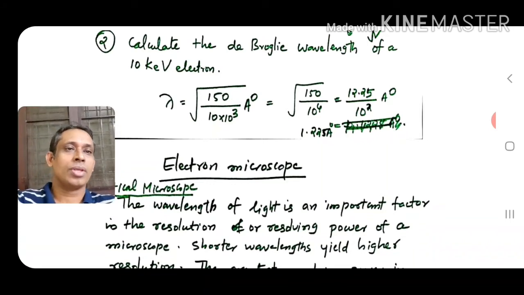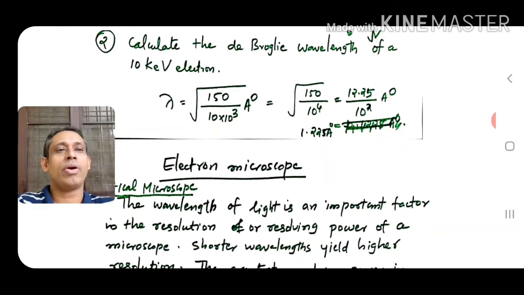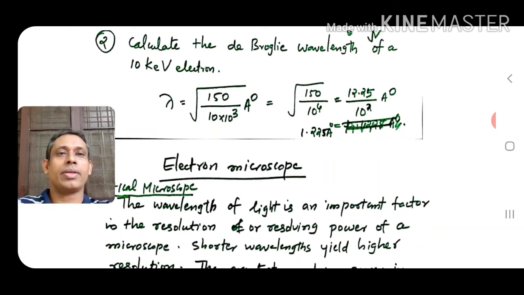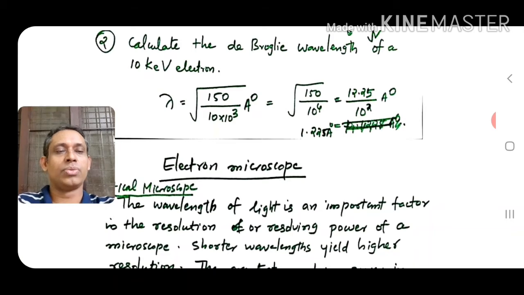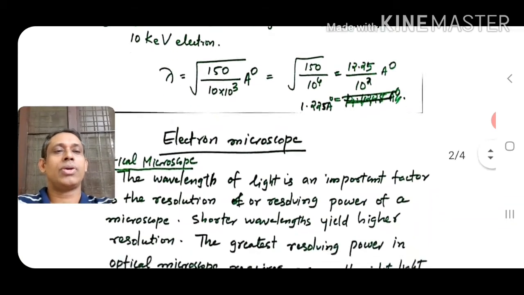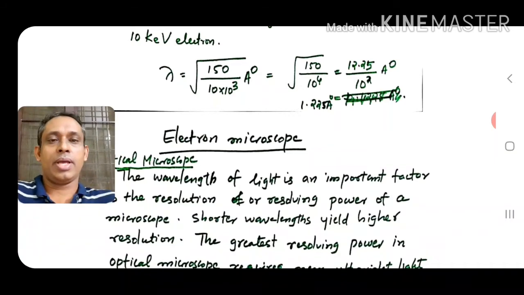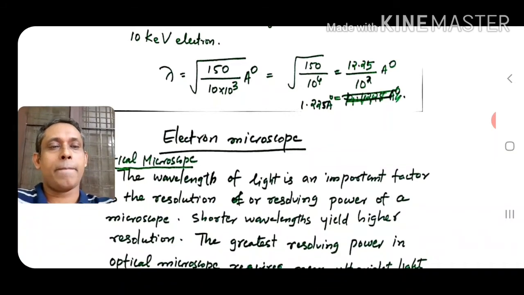When you take the root, you get 10 raised to 2. So 12.25 over 10 squared is 0.1225... that is, 1.225 Angstrom.